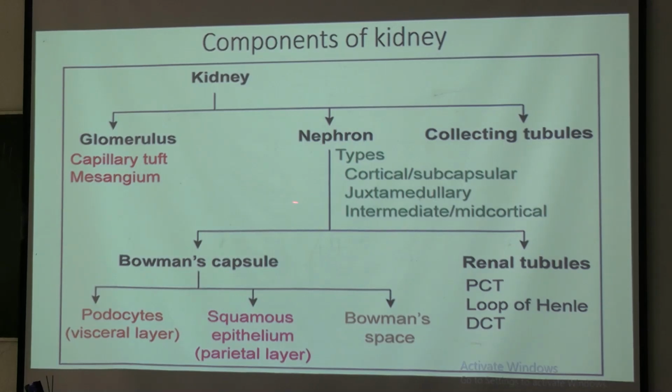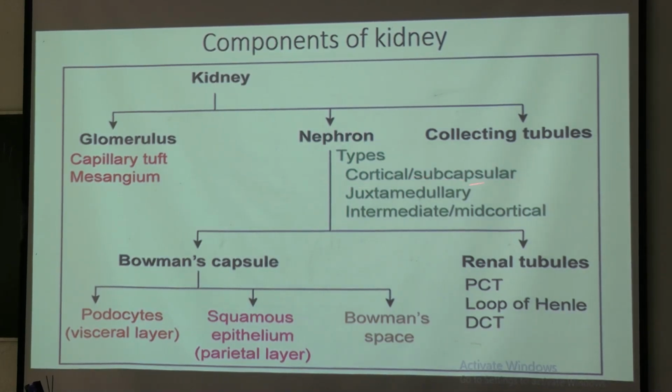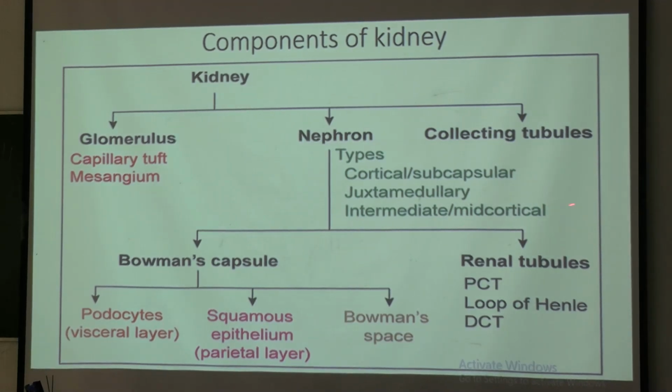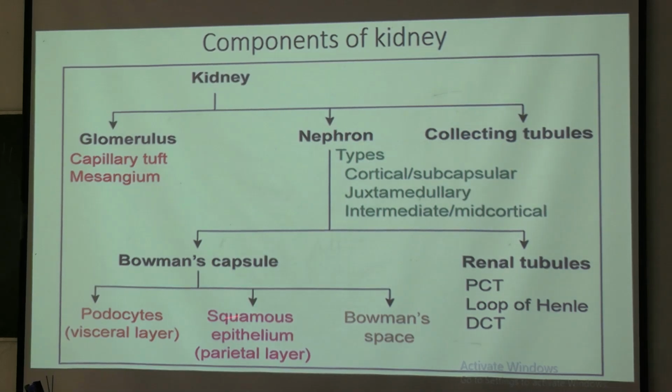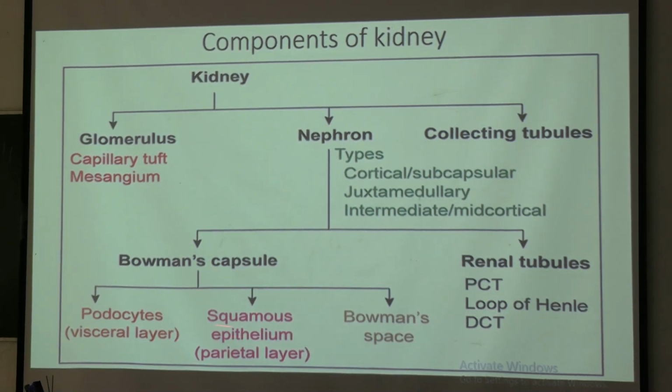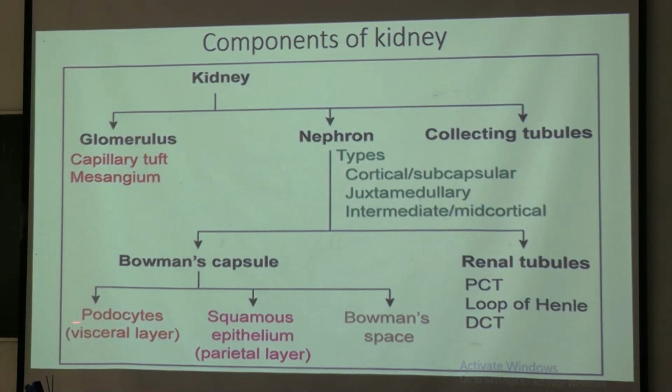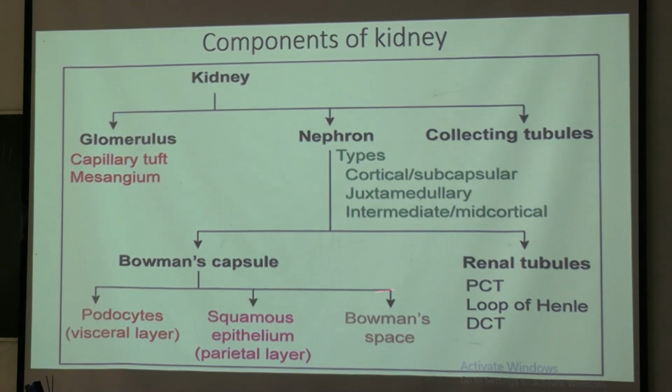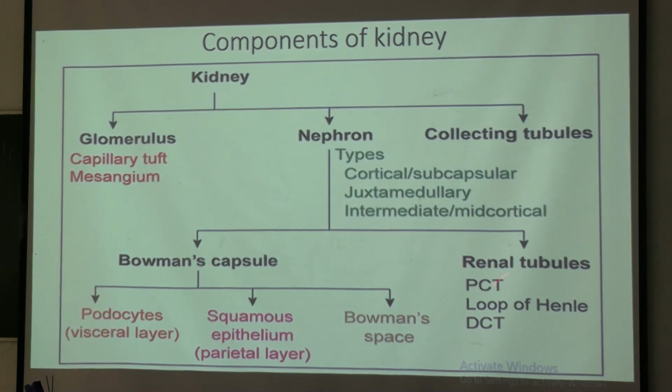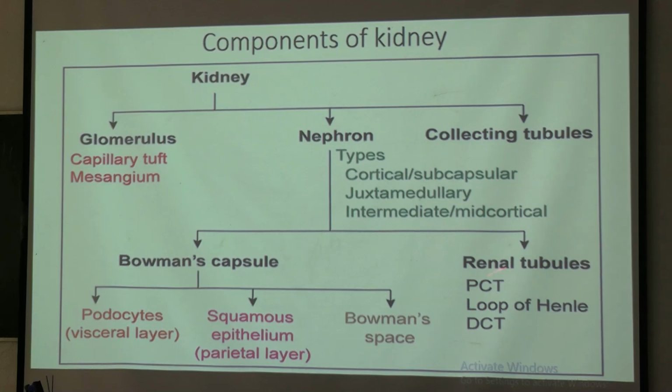Bowman's capsule consists of podocytes forming the visceral layer, and squamous epithelium forming the parietal layer. In between these two layers there is a space known as Bowman's space. And the renal tubule consists of three parts: proximal convoluted tubule, loop of Henle, and distal convoluted tubule.